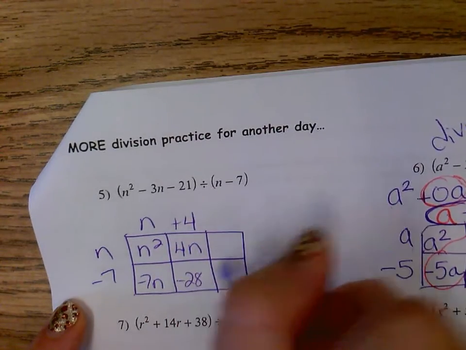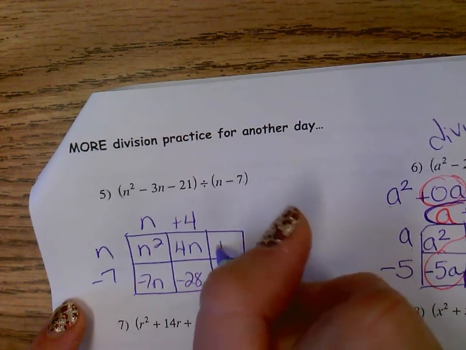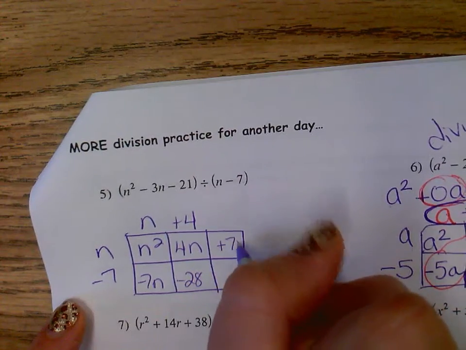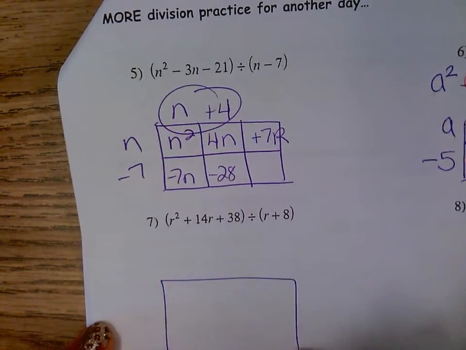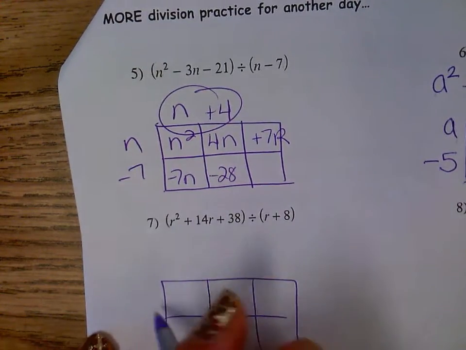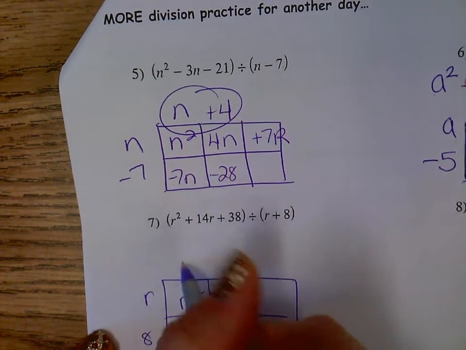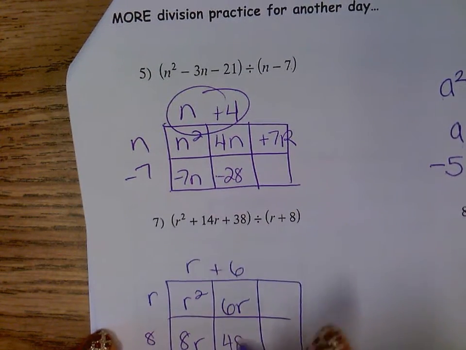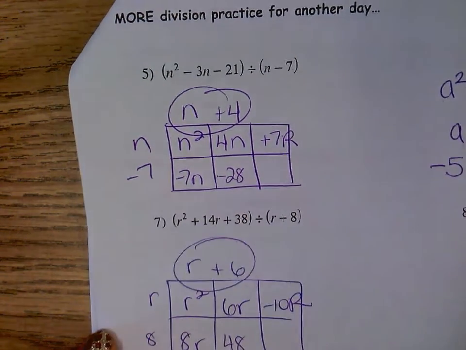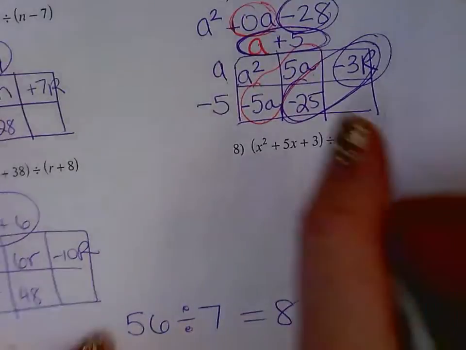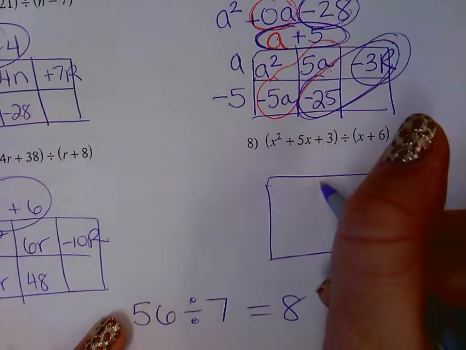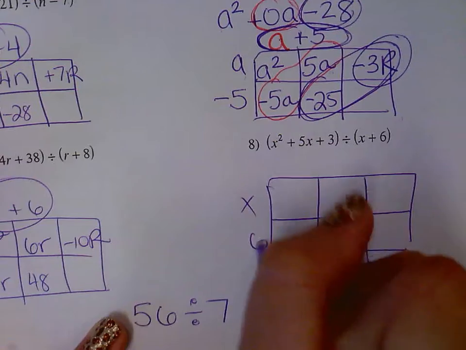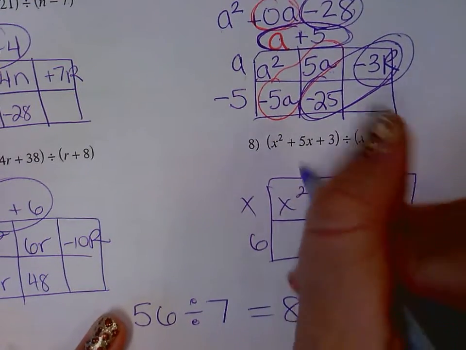Negative 28. Negative times my remainder. X plus 6.